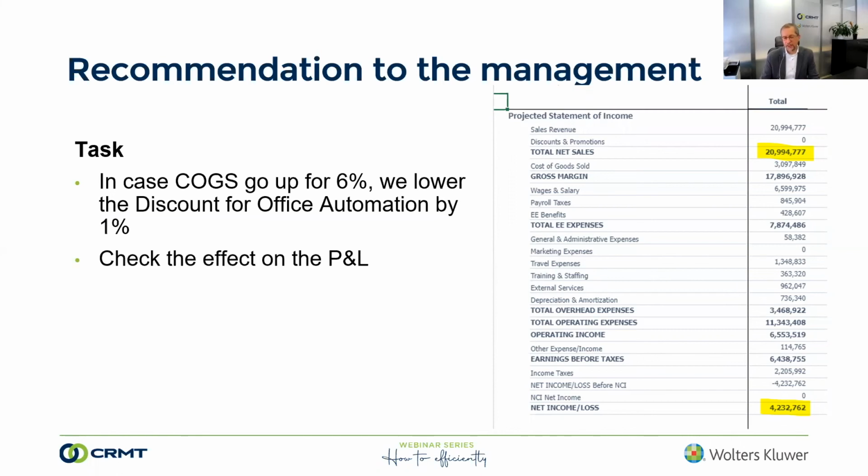When we check the effect on the P&L, on the bottom line, we can see that the total net income has risen by $28,000 just because of this. Please continue. And of course, I believe we can say that we did our task very well.